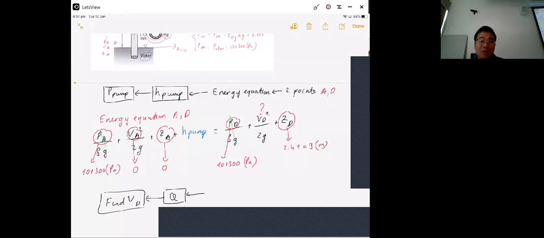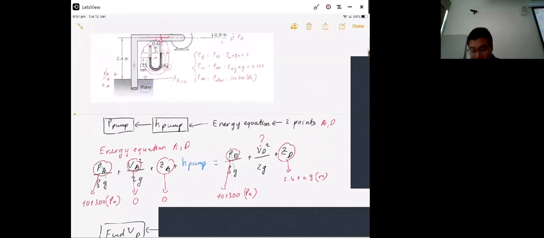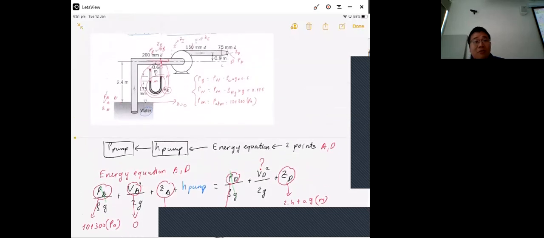To find Q, you have to know velocity. But velocity is at a different point in the fluid flow. It means if you know the velocity at one point in the fluid flow, you can find the velocity at other points.